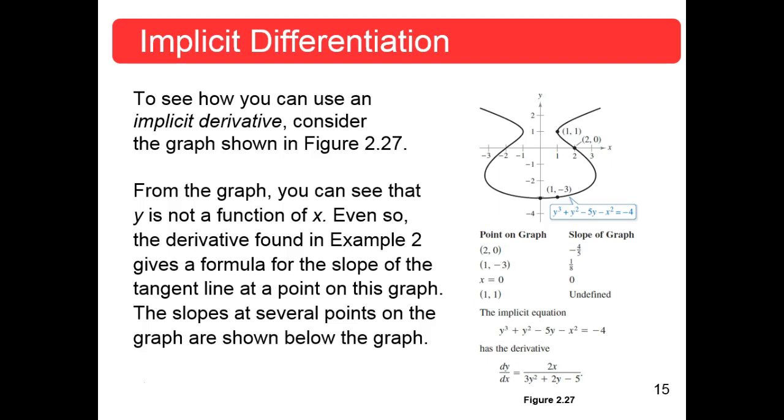And when x equals 0 here, we don't know what the y value is, but the slope is definitely 0, because you plug in that x equals 0 here. If you plug in this value, 1, negative 3, you get a slope here very gently positive, 1/8. Plug it in and you'll see that.